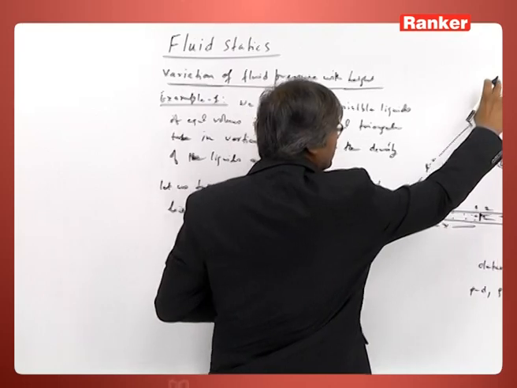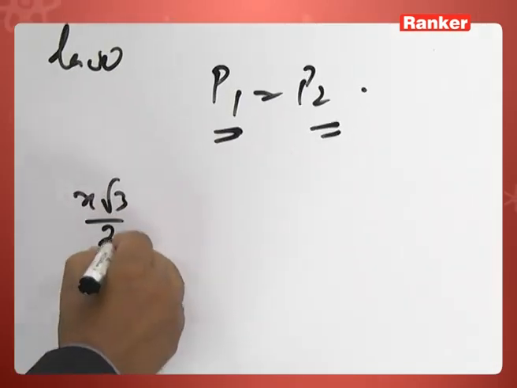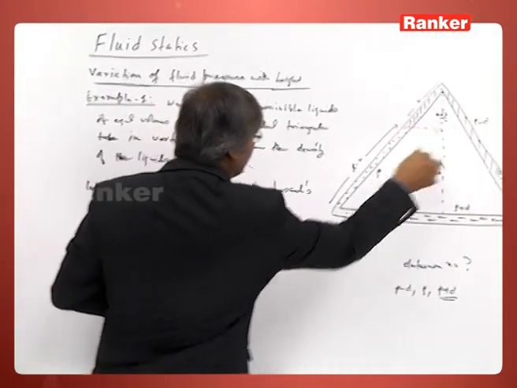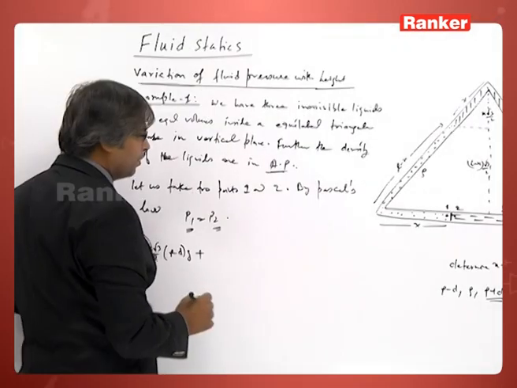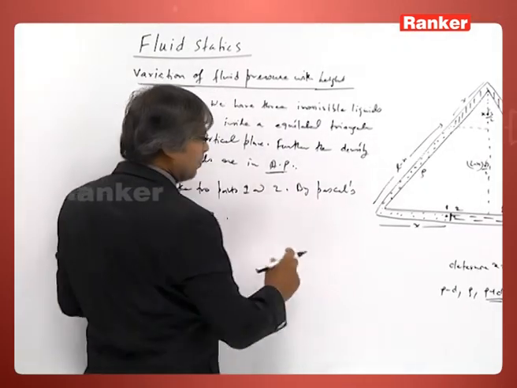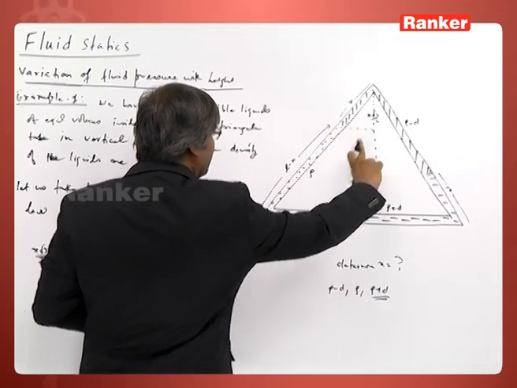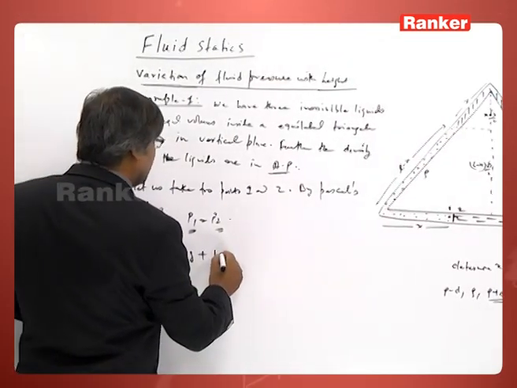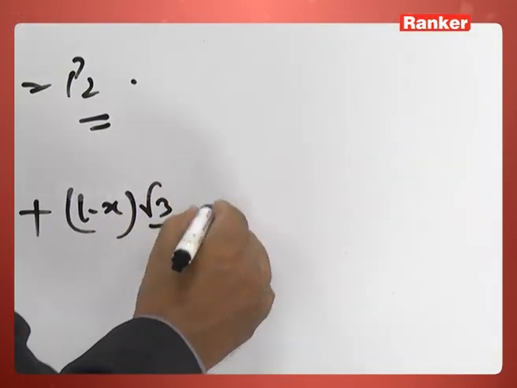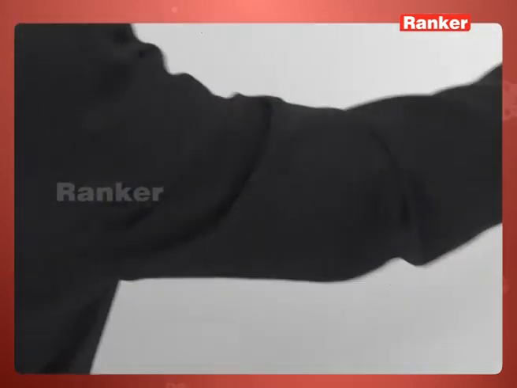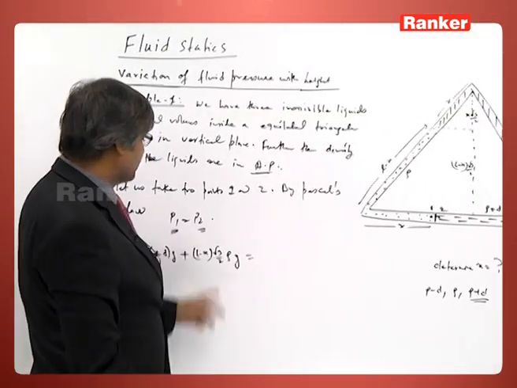We will start with this liquid, that is x root 3 by 2 into rho minus d into g, plus the extra pressure from this one, again L minus x root 3 by 2, its density is rho into g. Now, that is pressure at 1.